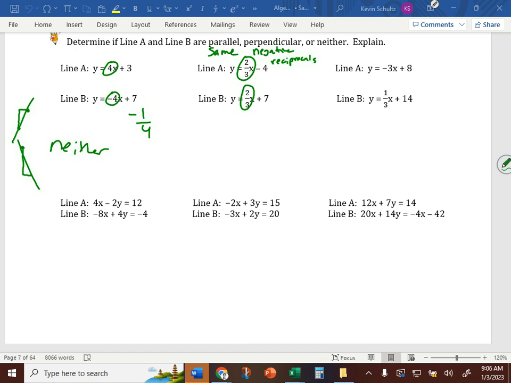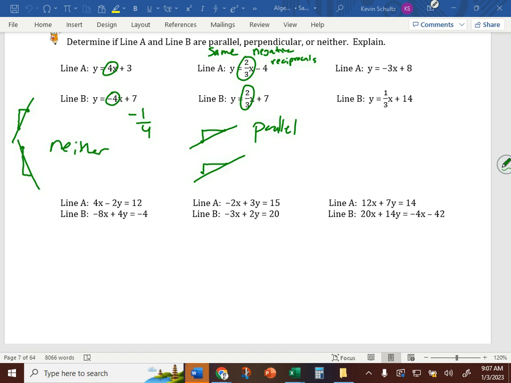If you think about how these look on the coordinate plane, both of them are going up 2 over 3. Okay? They move the same way across the coordinate plane, so they will never intersect. The bottom line will never catch up to the top one because they're both going up 2 over 3, up 2 over 3. So they are parallel.